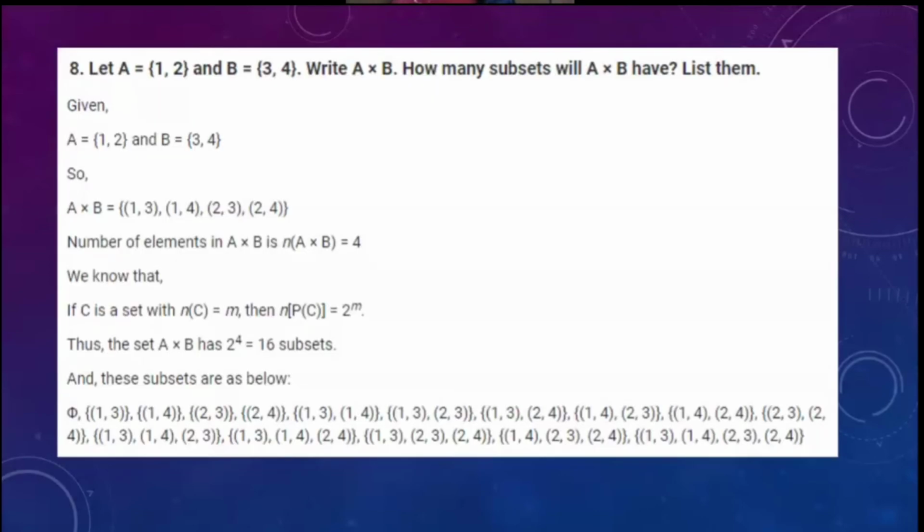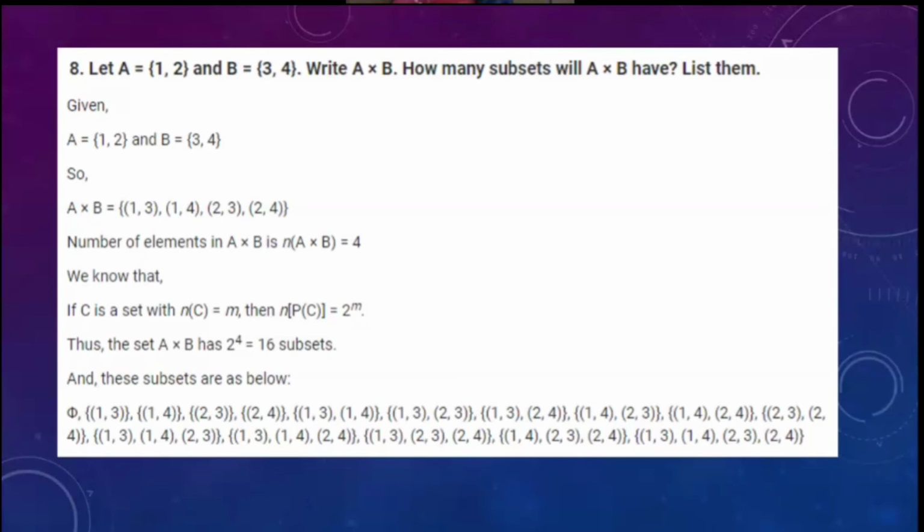Now suppose C is a set and n(C) equals m, then the power set, the total number of subsets, is 2 to the power m, because you already learned this in your previous class. So set A into B has 2 to the power 4, that is 16 subsets. These subsets are listed below.